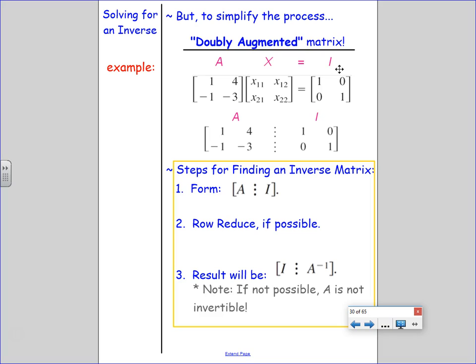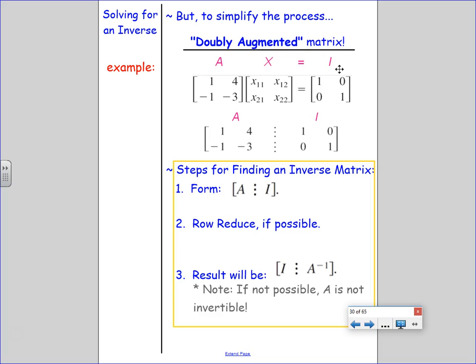But instead of assigning A, B, C, D to all these different pieces, we're just going to cut that out and do the whole augmenting thing. Except instead of just augmenting with one column of coefficients, we're actually going to augment it with the entire identity matrix, which means augmenting with 2 columns. So it looks funny, but it's really a lot like what we did with row-reduced echelon form.